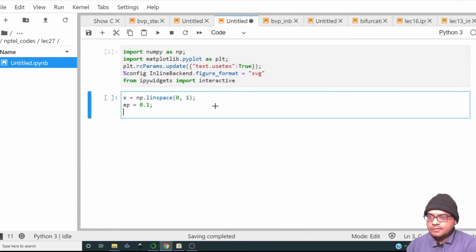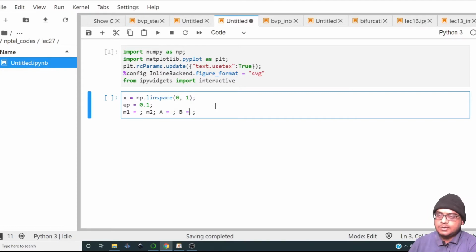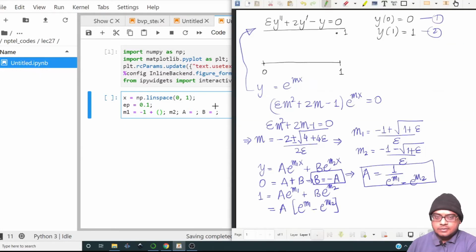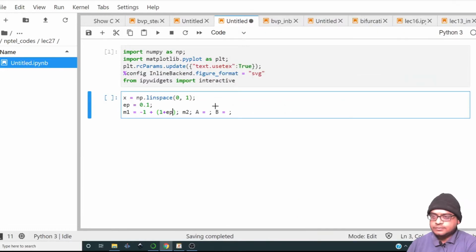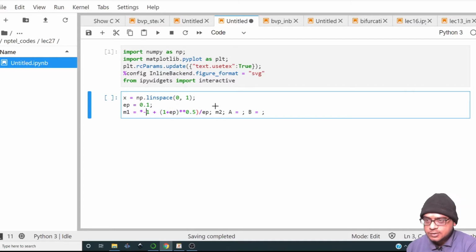We need to define m1, m2, a, and b. So m1 is minus 1 plus, what is it, 1 plus epsilon, this whole thing divided by epsilon, and this bracket term is raised to the power 0.5. Let me make this a bracket, yeah.